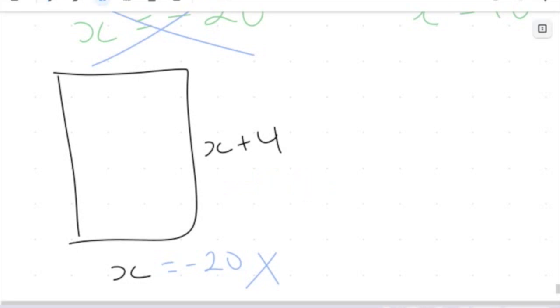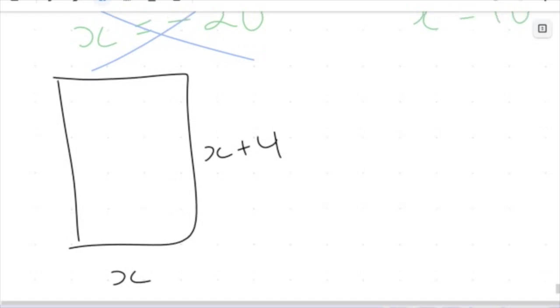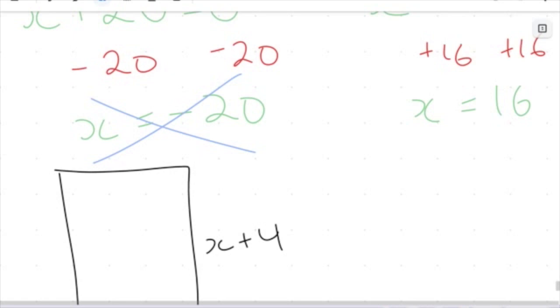So once we get our solutions, quadratics more often than not give us two solutions, but we have to pick one depending on the context of our problem, the context of the question. This is a measurement question, so we can't have negative lengths. We can't have negative 20 as a dimension to a book.